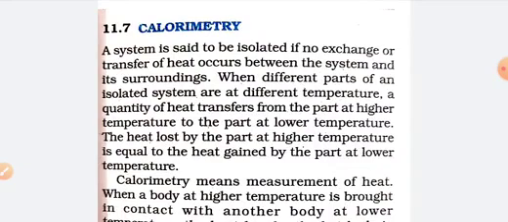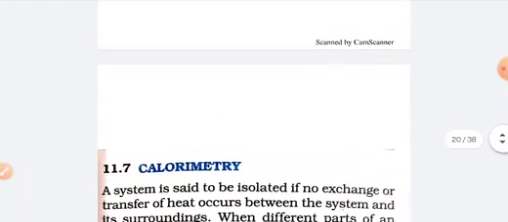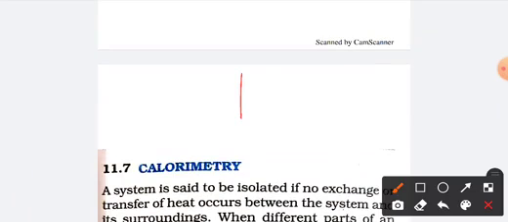A system is said to be isolated if no exchange or transfer of heat occurs between the system and its surroundings. First, we are going to discuss what an isolated system is. If there is a system which is isolated from the surrounding, that means nothing can go inside this system and nothing can go outside from this system.